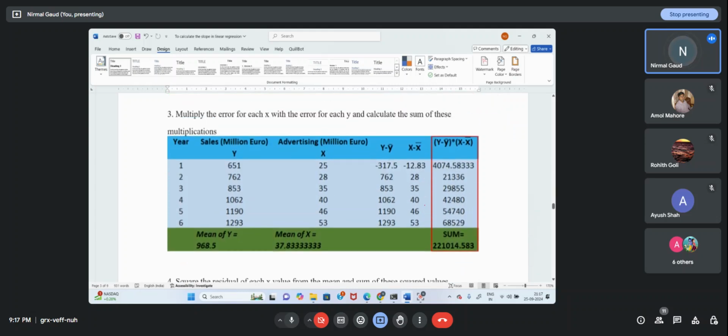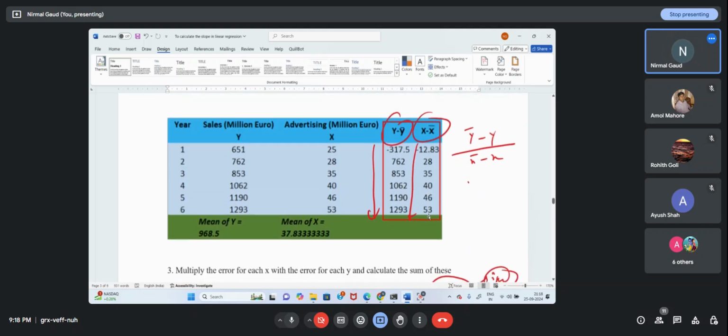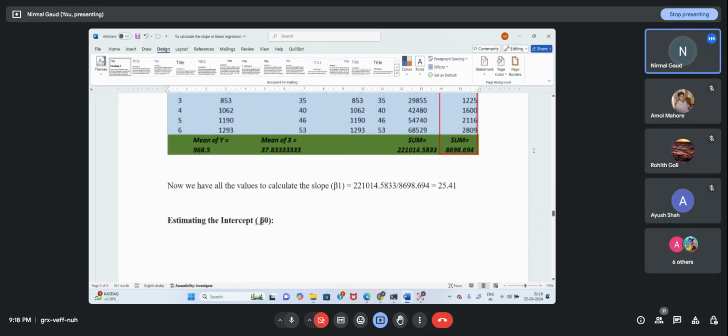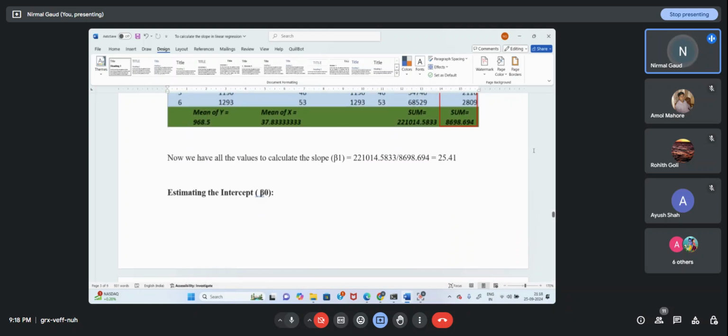They have done this just to multiply this in the numerator and denominator, so if you want to ignore it, you can. What you have to do next is take the sum of all the values here also, and divide. This will be your beta 1. So beta 1 here is coming to be 25 point something.